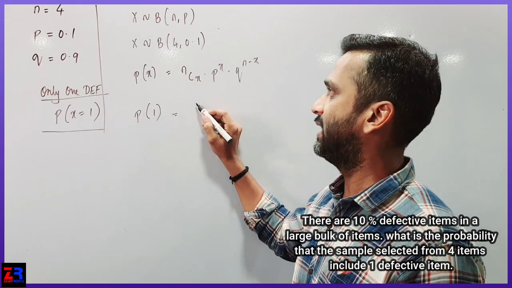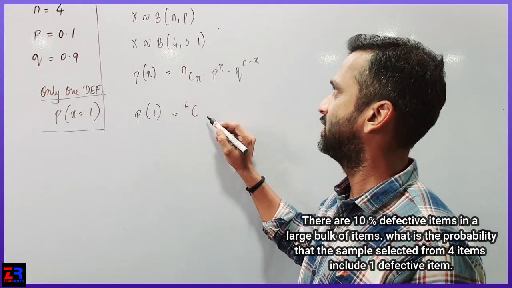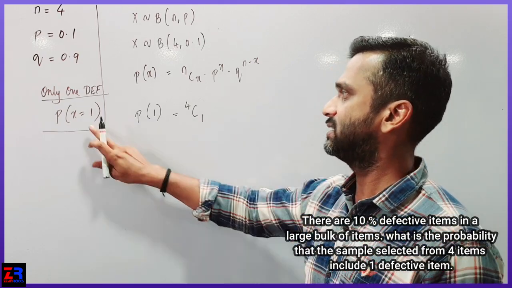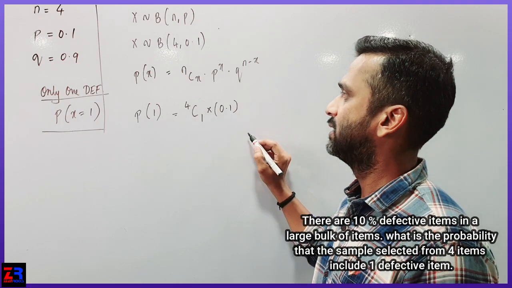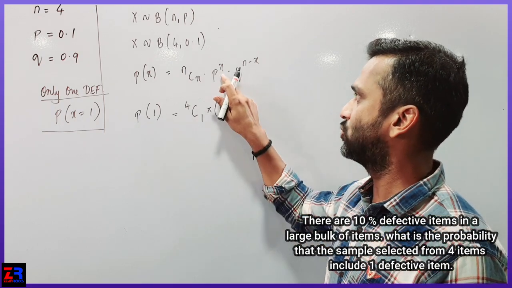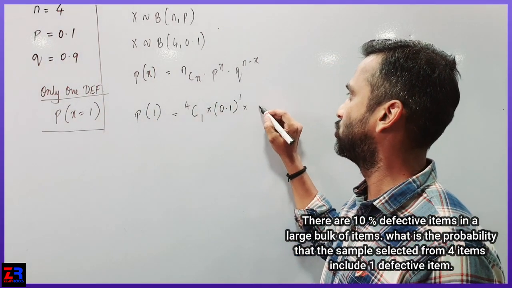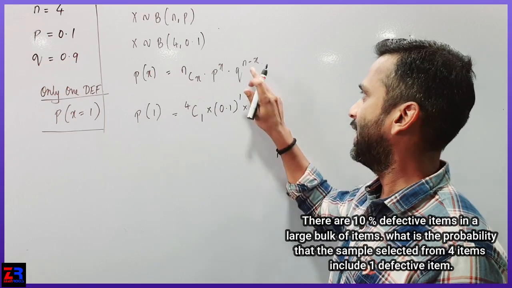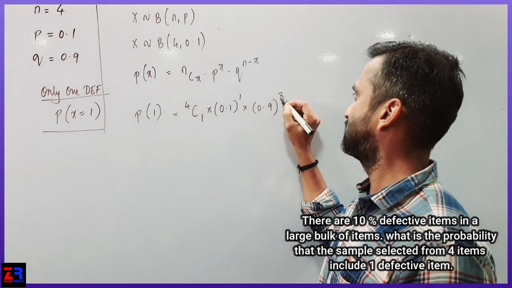is n. N is how much? 4 samples out of n, 4C1, x is 1, into p is 0.1 raised to x, 0.1 raised to 1, into q is 0.9 raised to n minus x, that means 4 minus 1, that is 3.